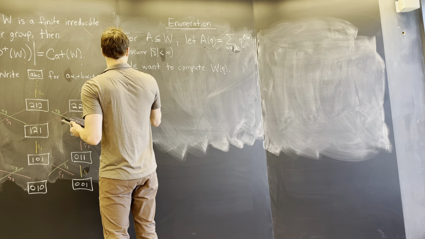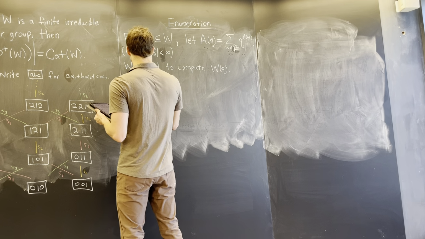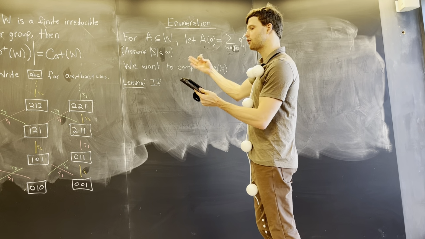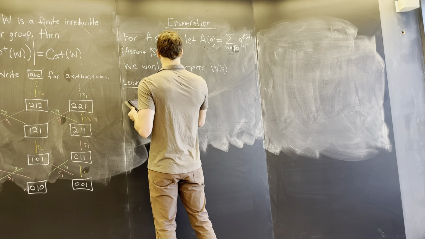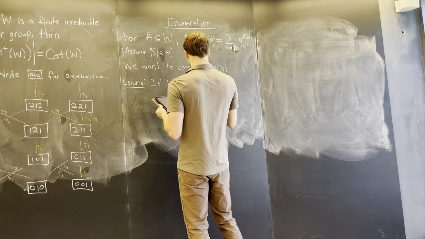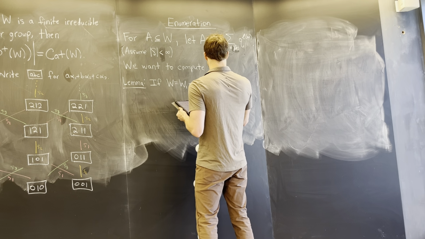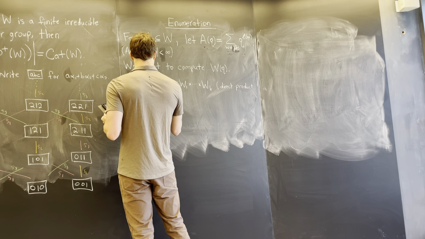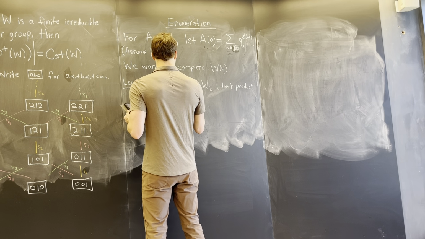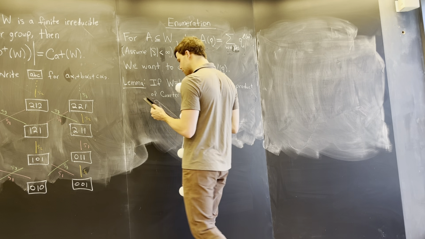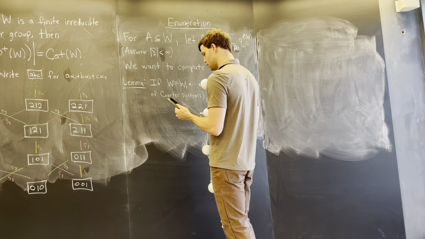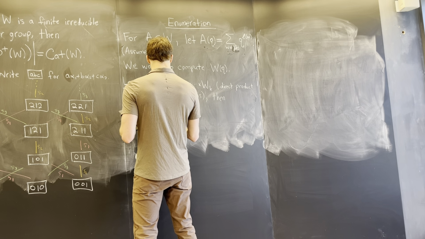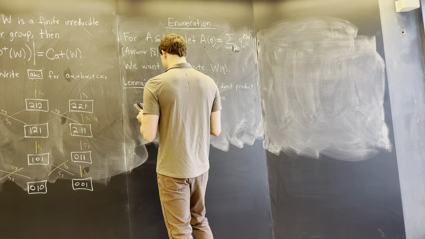Lemma: if we have a Coxeter group which is a direct product of a bunch of smaller Coxeter groups, by that I mean the Coxeter system is a direct product, so W is W1 cross dot dot dot cross WK, a direct product of Coxeter systems, then W of Q is just going to be the product from i equals 1 to K of W sub i of Q.